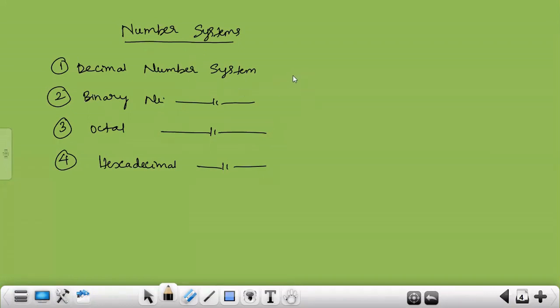Which is the first number system here? I have my decimal number system.